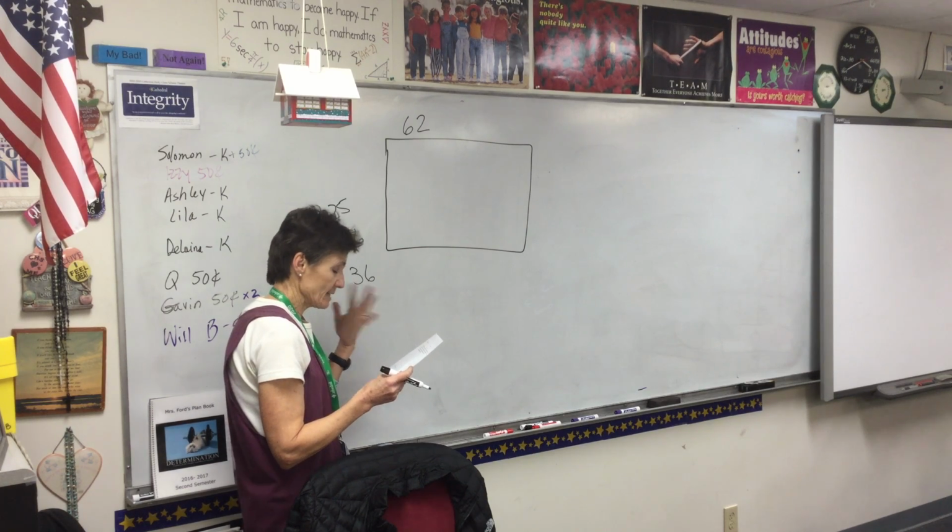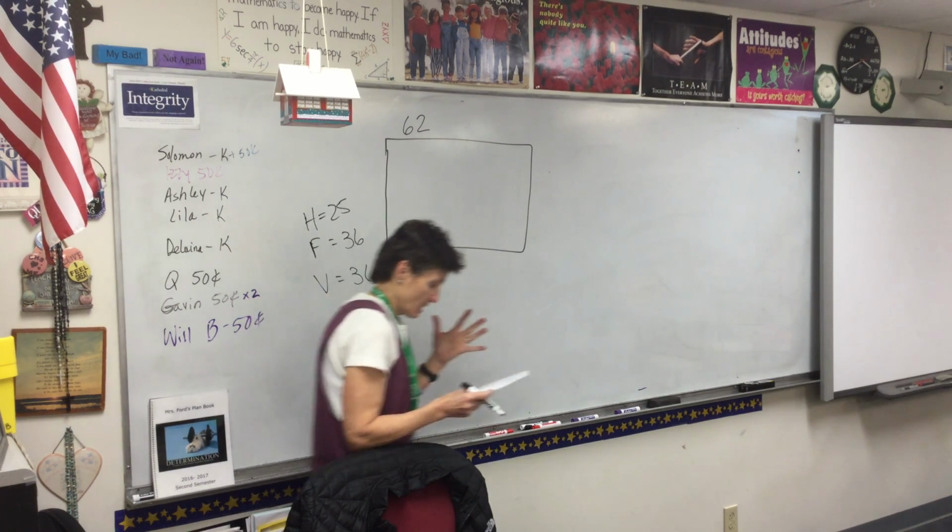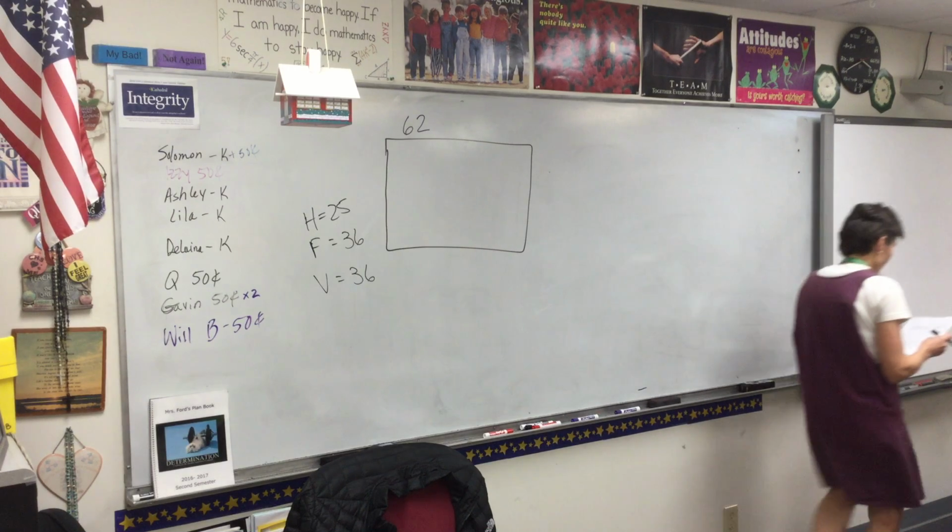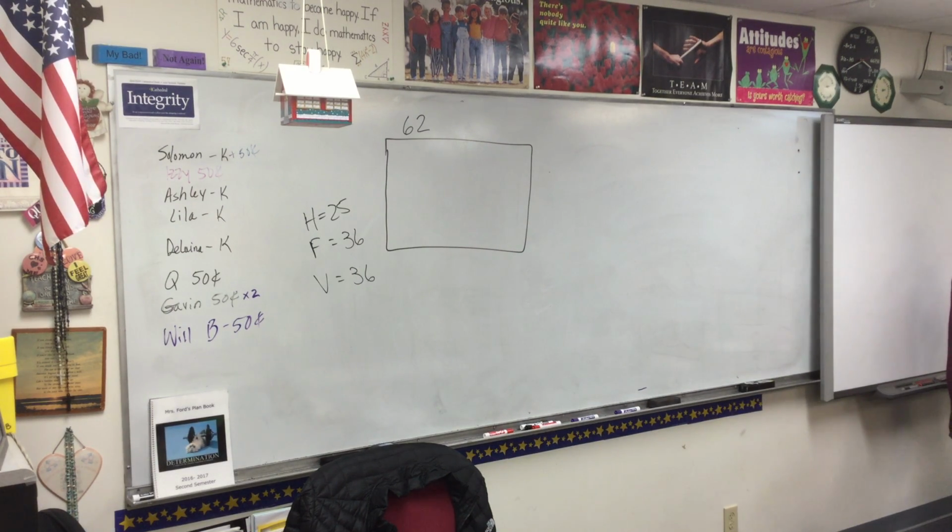Wait, I did a terrible job with this. I've got to make sure I do better on quizzes too. I left something important off that I need to put in there.